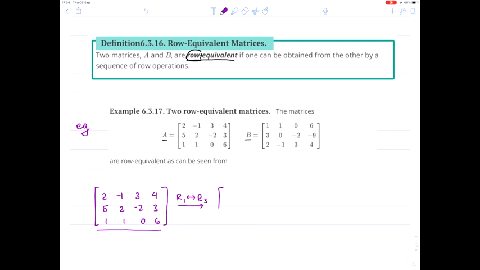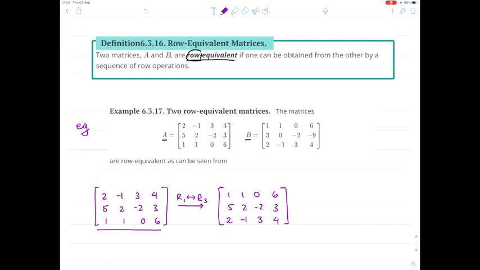So I've got a 1, 1, 1, 0, 6, which was row 3 and now is row 1. I haven't done anything to row 2, and I've put row 1 into the new row 3 spot.